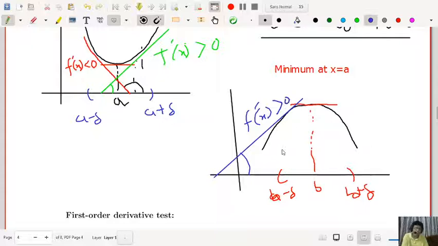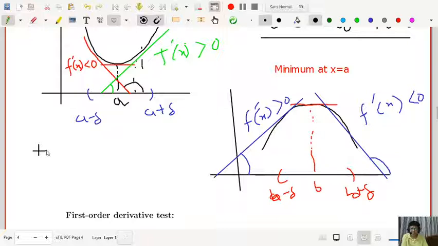This holds for all x in that interval. On the right-hand side, in the interval B to B plus delta, if you take any point, the tangent makes an obtuse angle. So f'(x) is negative. So what is the conclusion? What is the change of sign?